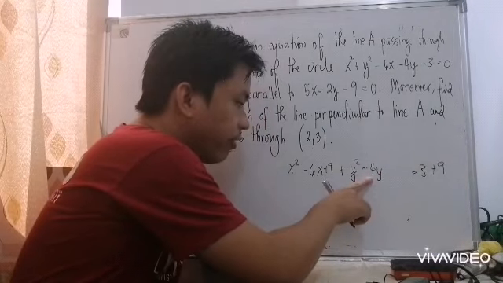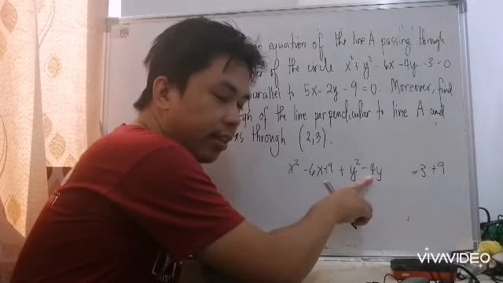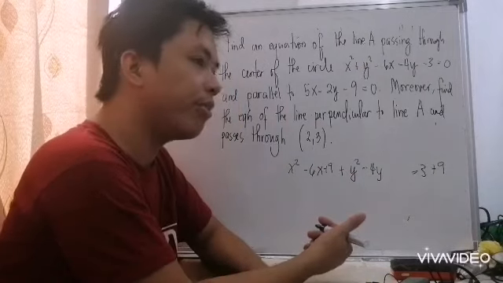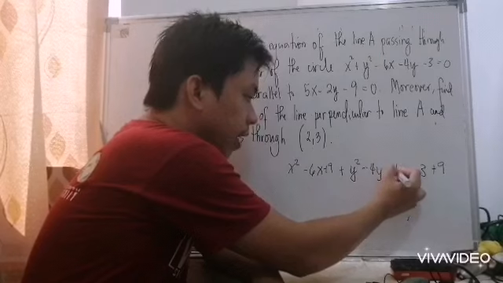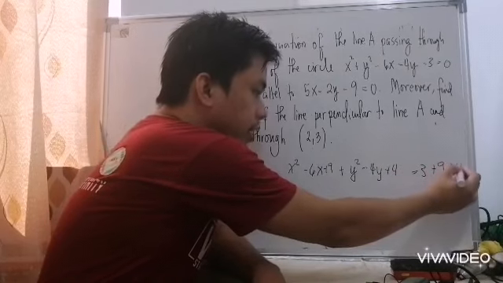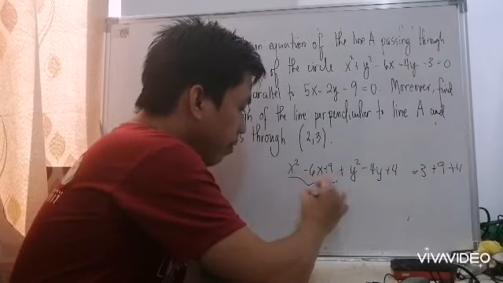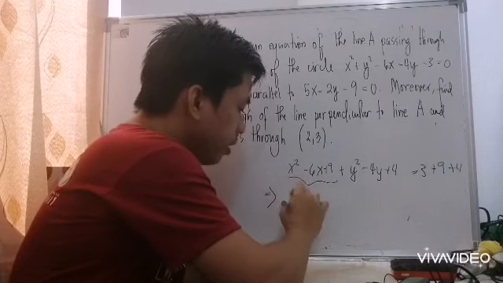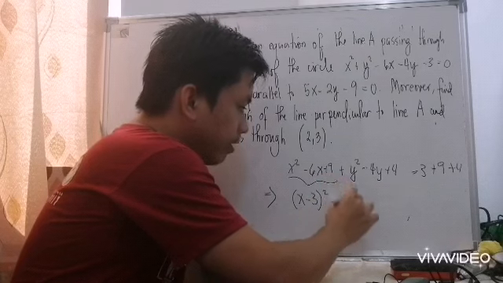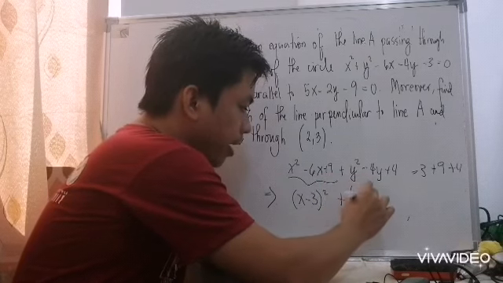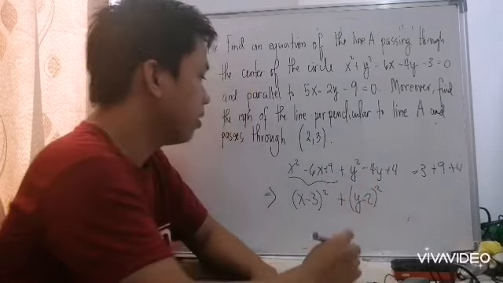The middle term with respect to y is negative 4. Half of negative 4 is negative 2. You square negative 2, you get 4. So that means you add 4. So this is now a perfect square: x minus 3 squared plus y minus 2 squared.